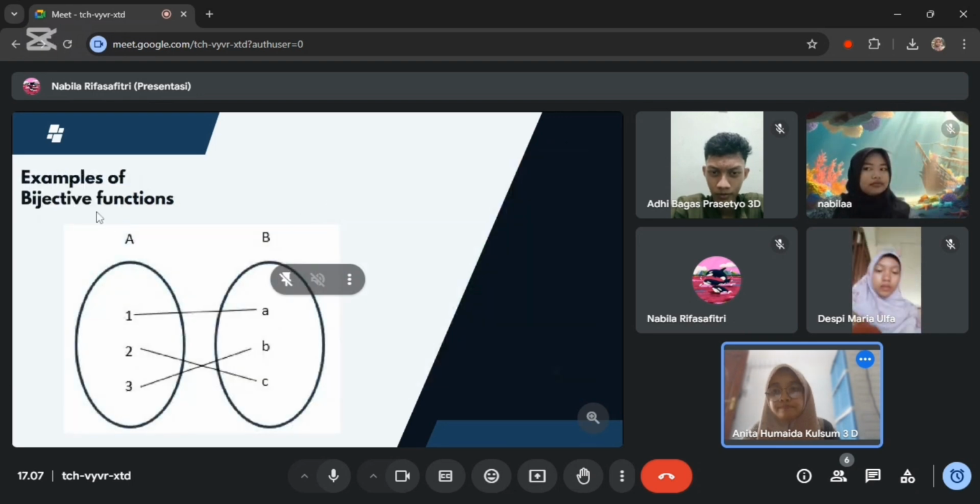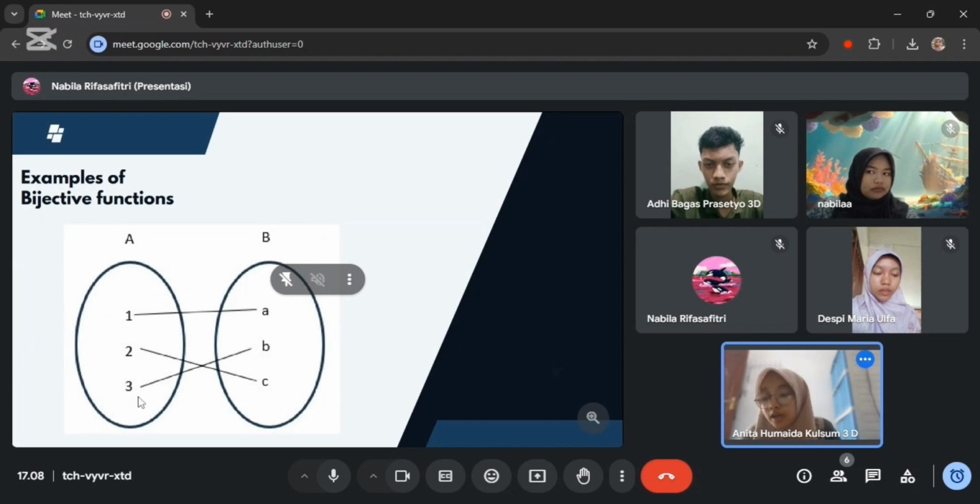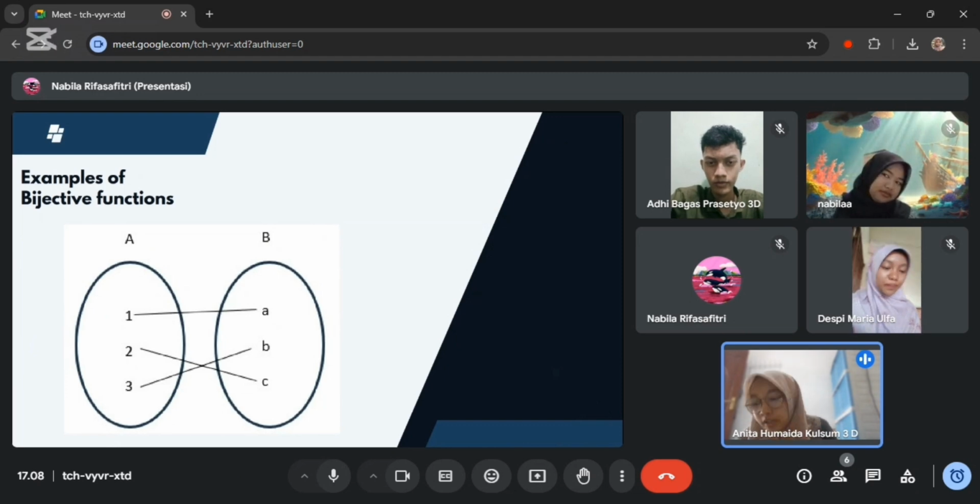Next, example of bijective function. This is an image of bijective function where A represents the elements of the domain, numbers 1, 2, 3, and B represents the elements A, B, C of the codomain, and every element in the codomain must be paired with exactly one element from the domain.